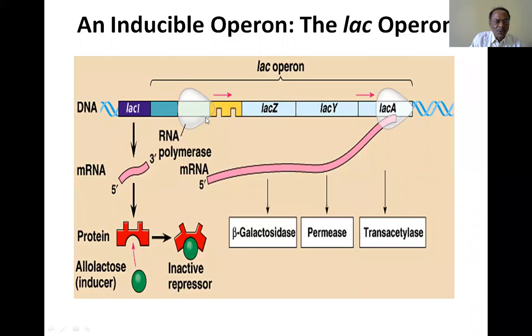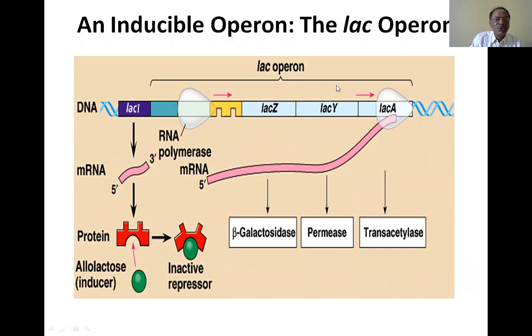This control is exerted by the LAC inhibitor gene producing a repressor molecule, a breaking molecule. It joins the operator area, and then polymerase cannot go. This is something like a big wall created here.